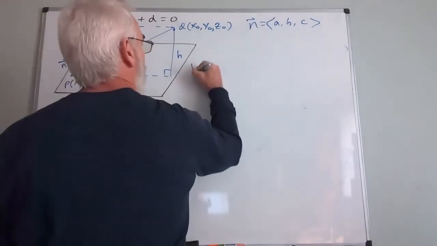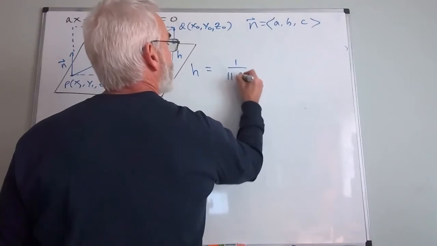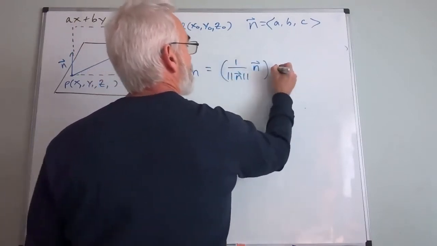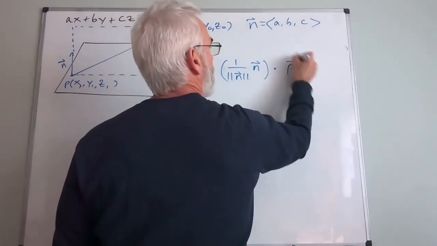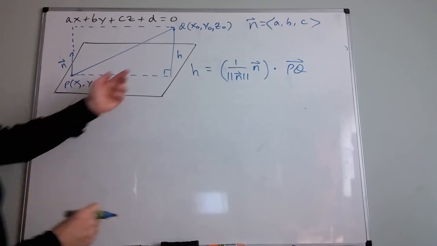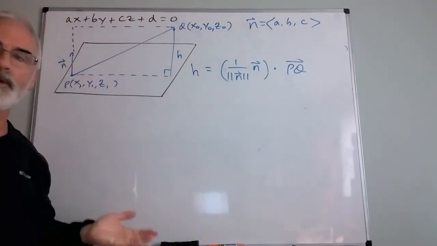So my height will simply be the unit vector in the direction of N dotted with PQ. Piece of cake. Now, if H just so happened to be directly above, then the angle between them would be 0, and that would be an easy thing.